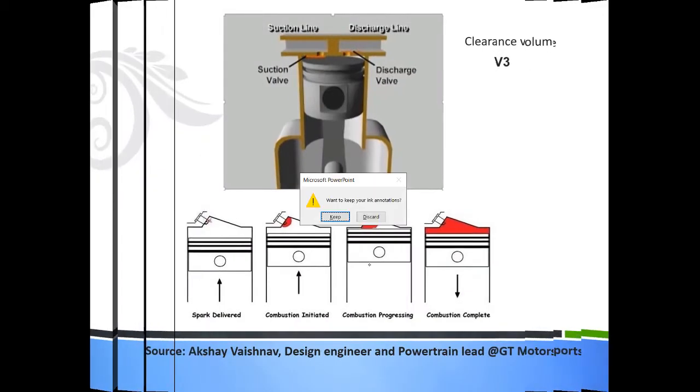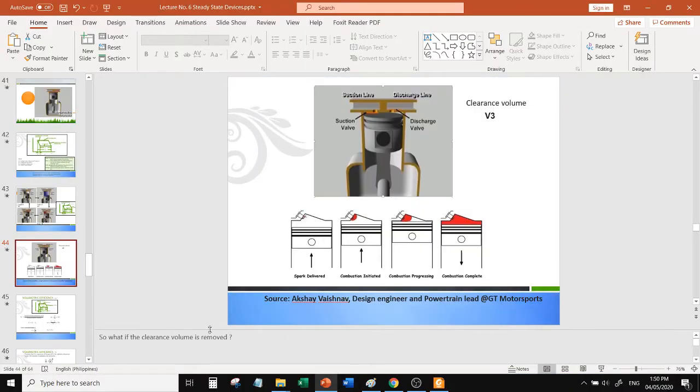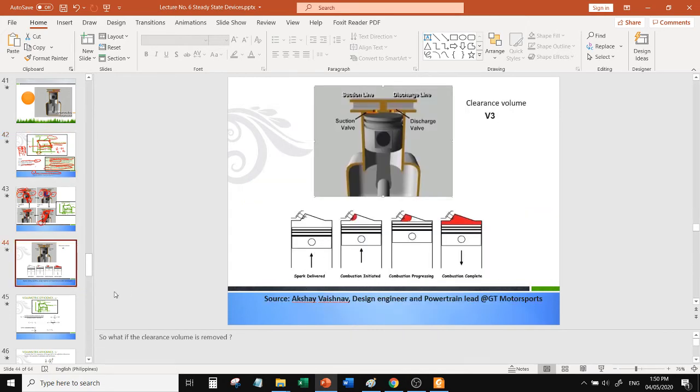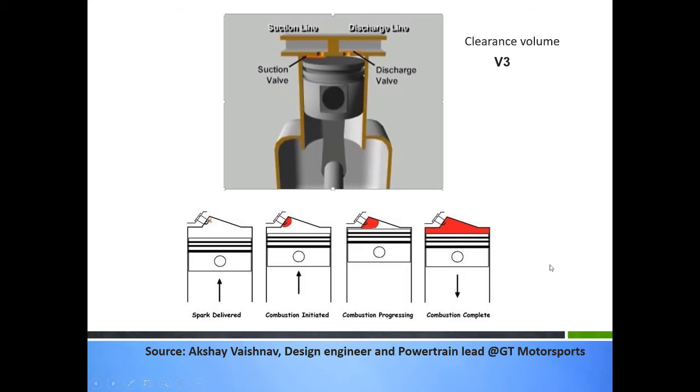Yan. Okay, so, isa pang reason, kasi doon sa clearance volume, doon nangyayari yung ignition. Okay, pwedeng doon kasi mangyari yung ignition. Kaya may space, may clearance volume.